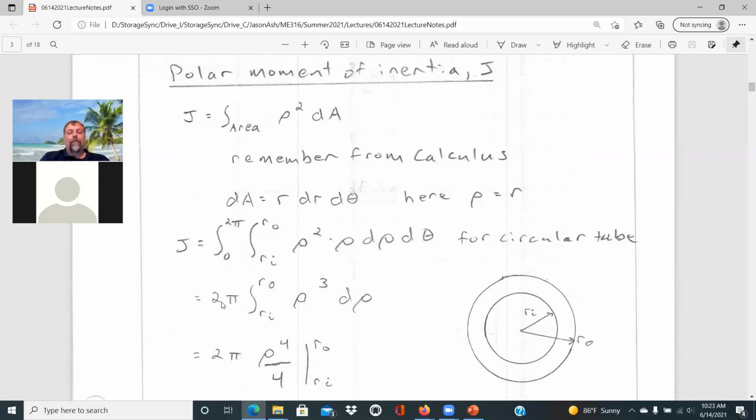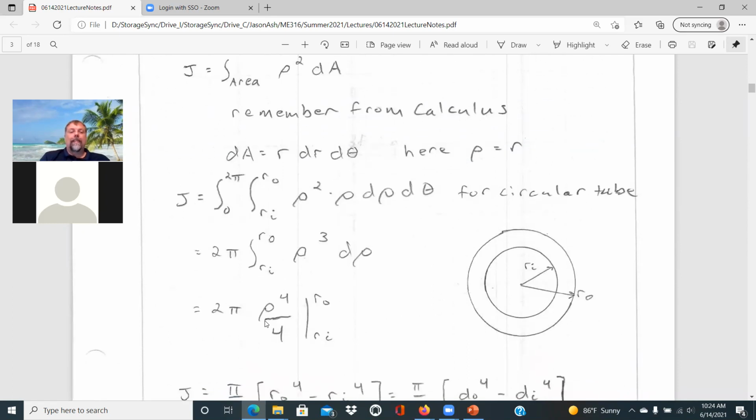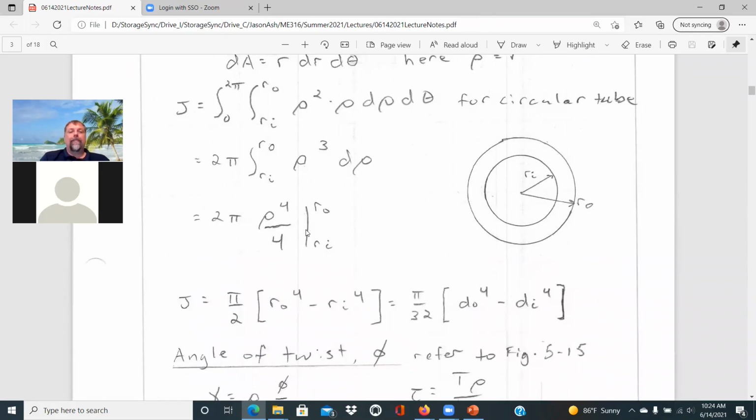And so you end up with a 2 pi out of that first integral with respect to theta, and then integrating rho squared times rho would give us a rho cubed d rho, and integrating with the limits of the inner radius to the outer radius. And so now we got a nice easy integral to calculate. The integral of rho cubed with respect to rho would just be rho to the 4th over 4. 2 pi is still a constant out in front.